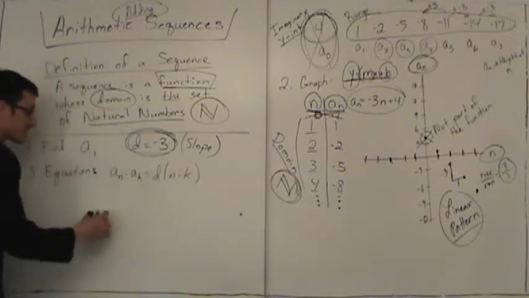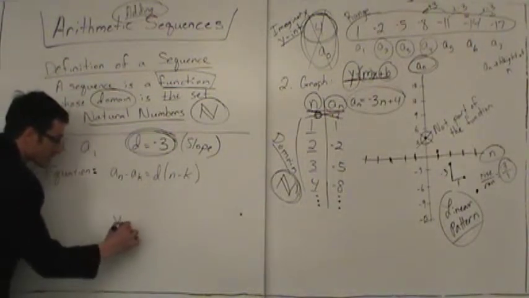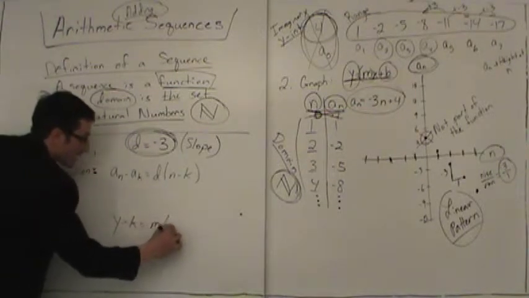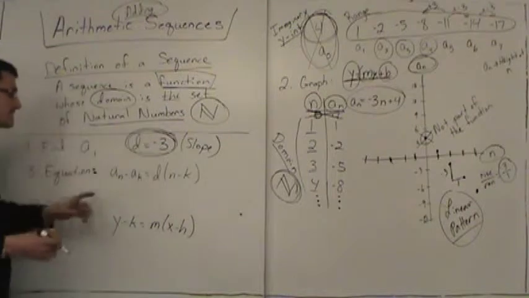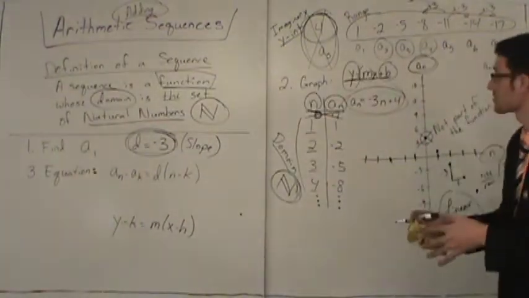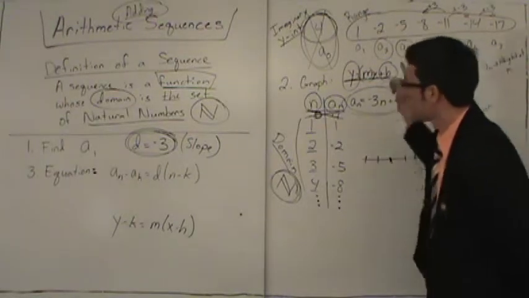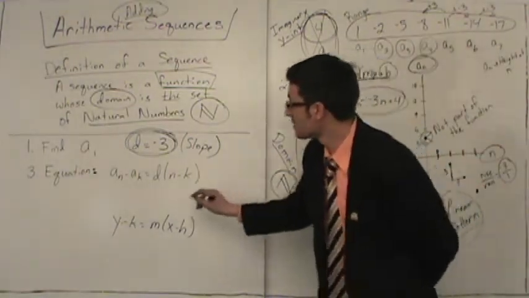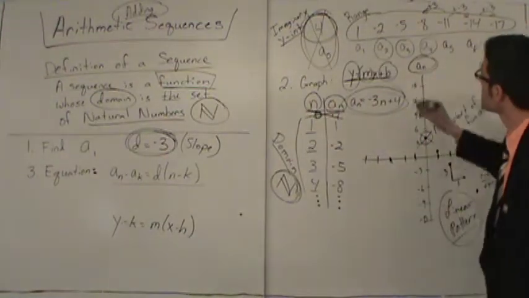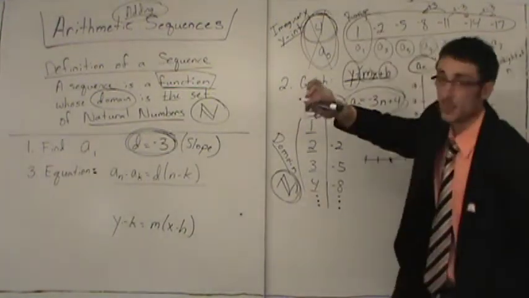And again, we related this back to point slope form of a linear function: y minus k equals m times quantity x minus h. Why is this important? Why don't we just write the equation this way? Okay, so I'm going to answer that now. We have to know how to find the equation of the sequence using the concept of point slope form, because it's not always possible to know the value of a sub 1.